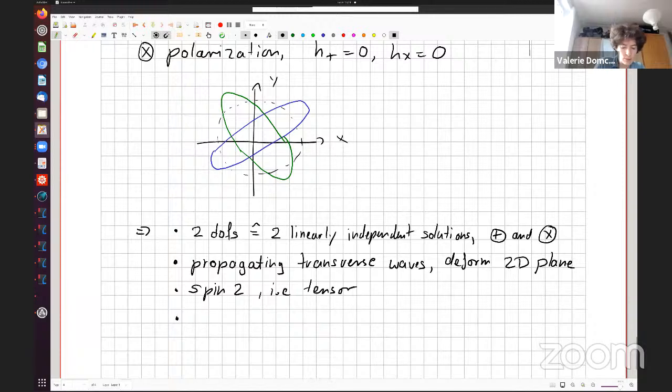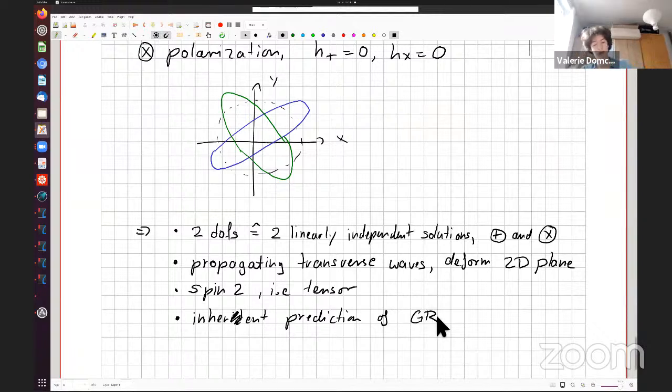It's important to stress this is an inherent prediction of general relativity. There's no quantum gravity involved, no BSM physics. This just has to be there if general relativity is correct.